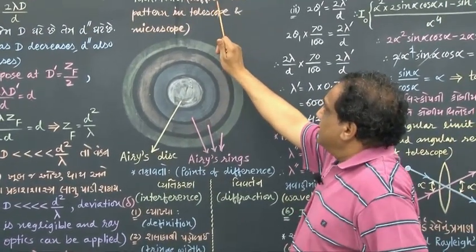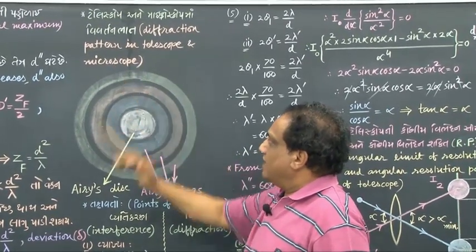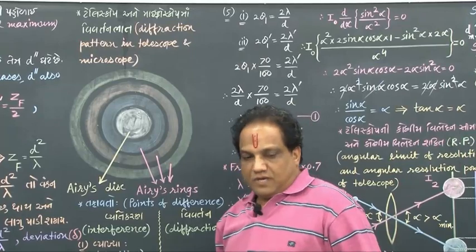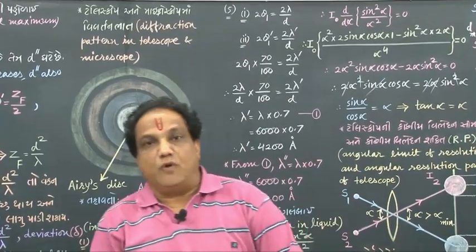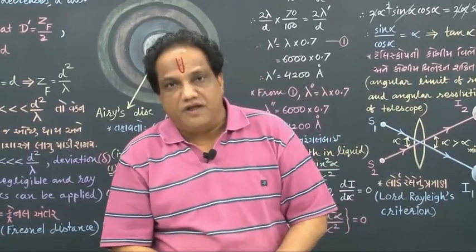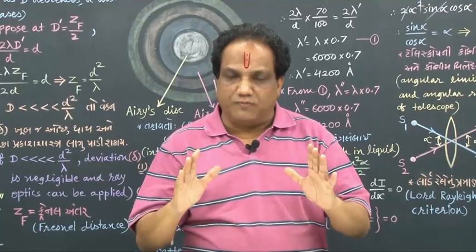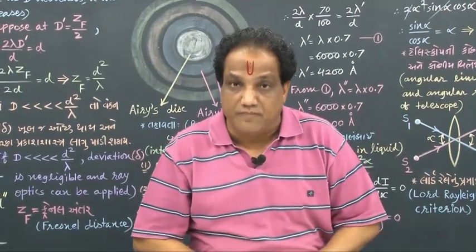Now let us see the diffraction pattern in telescope and microscope. You know, we use optical instruments to see things very clearly and, if possible, up to the largest size of the image.